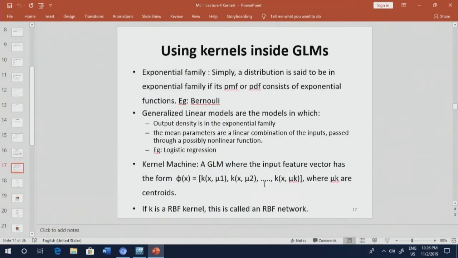Okay, here is a doubt. Shouldn't it be k(x1, mu1), k(x2, mu2)? Let us come back. Yeah, this can be anything. X stands for a parameter or something, therefore it can be anything, no issues.